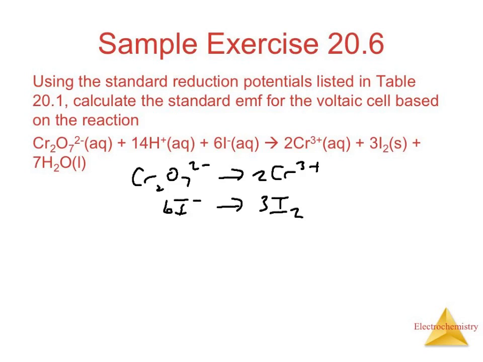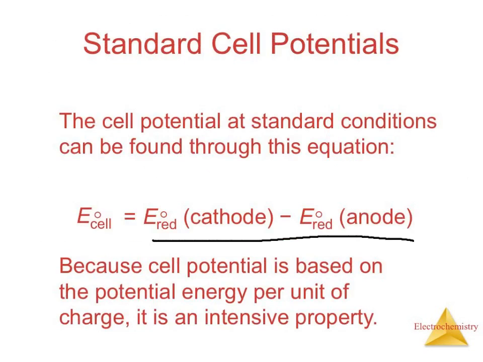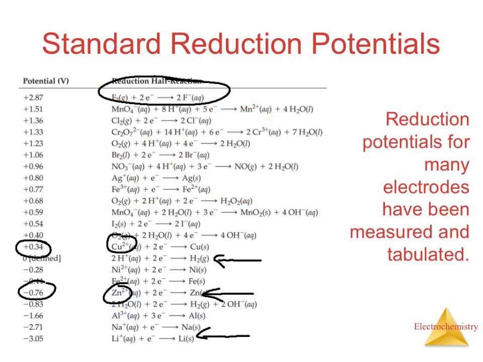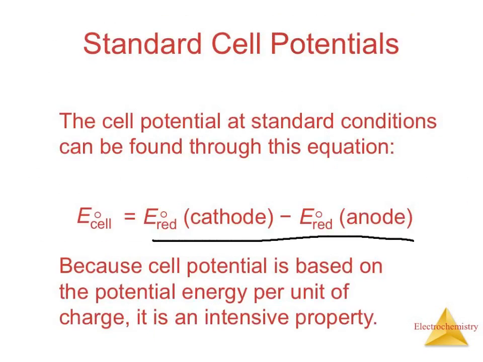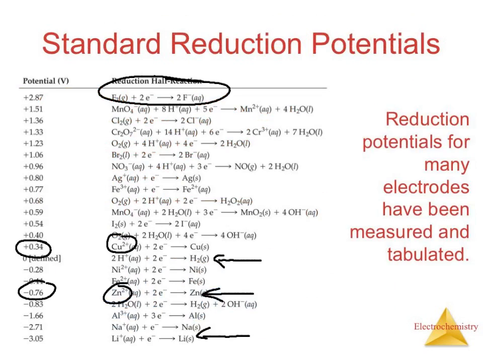Okay, now we can look back at our reduction potential chart here, and we actually have both of those. Okay, so if you look at it, again, my first reaction here is Cr2O7 2- going to Cr3+. So if I look on the chart, that one is right here.